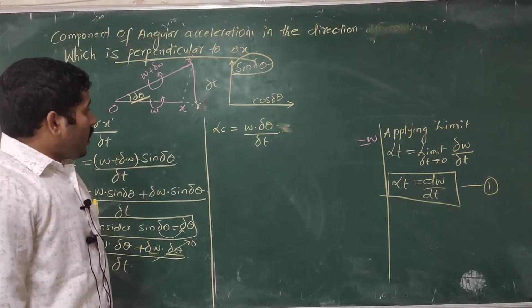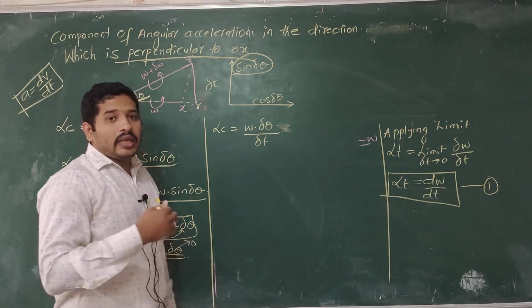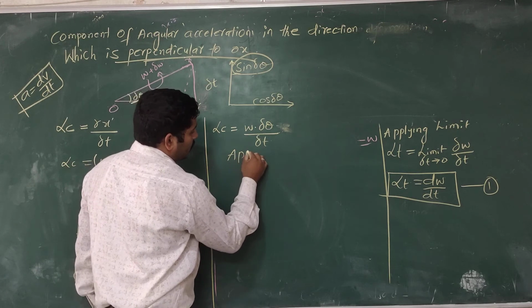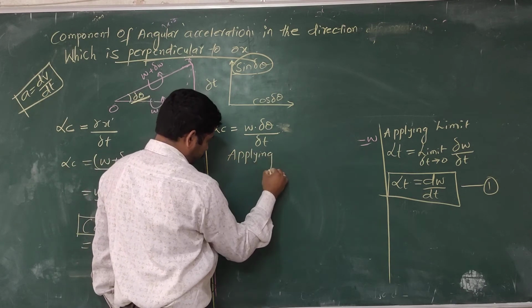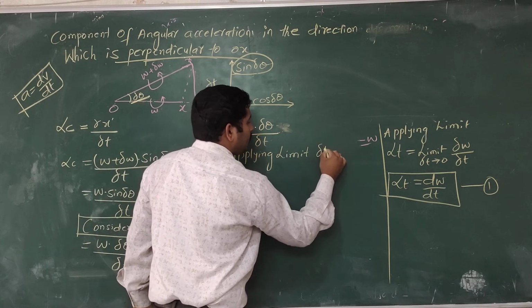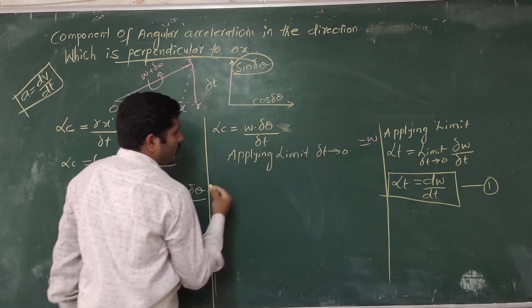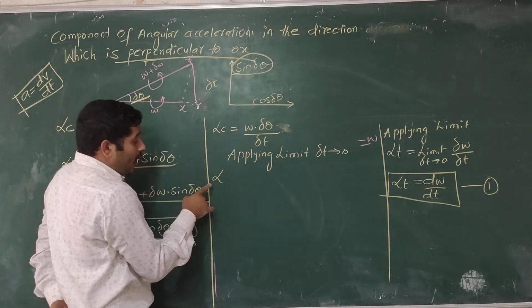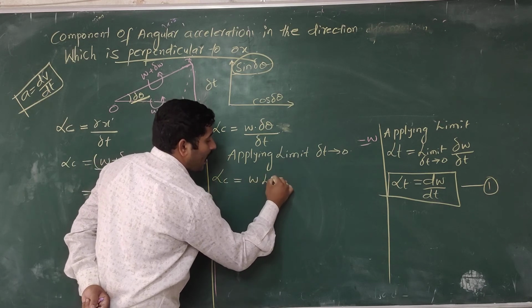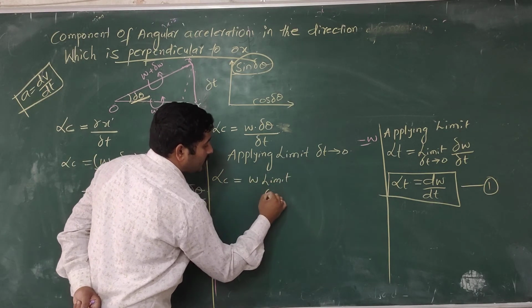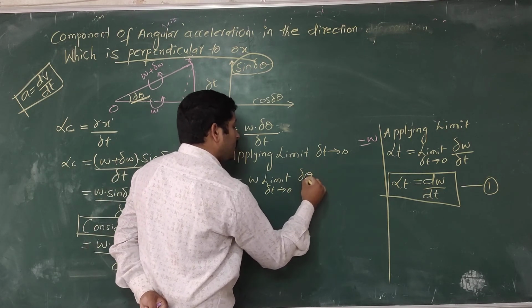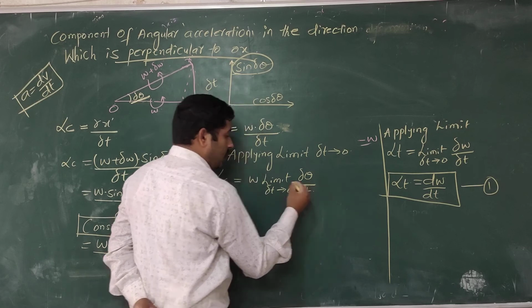Then again, if we apply the limit delta t tends to 0, angular acceleration equals omega into limit delta t tends to 0 of delta theta by delta t.